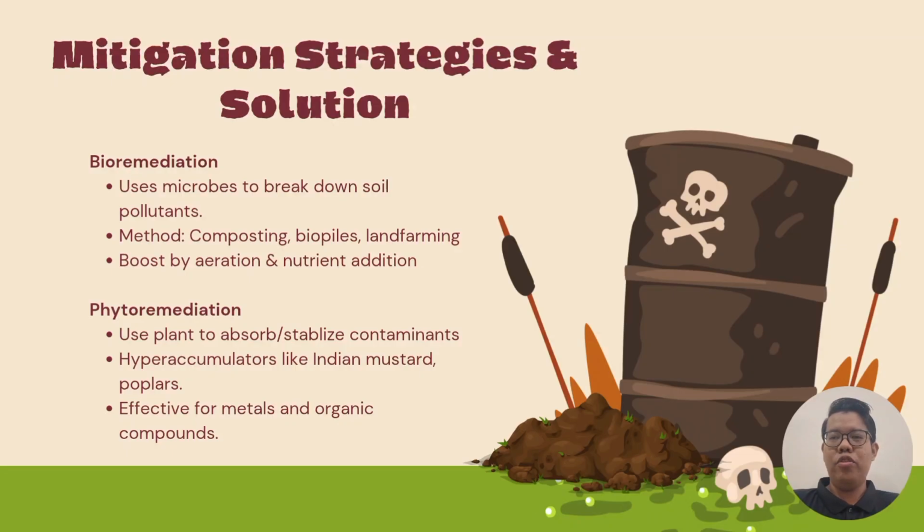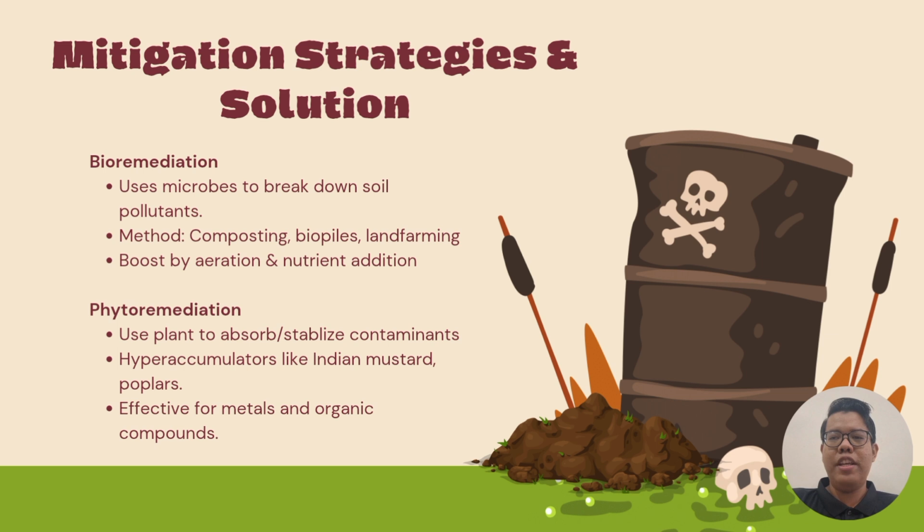To mitigate soil pollution effectively, biological approaches offer promising solutions. Bioremediation uses microorganisms to degrade pollutants. Techniques such as composting, biopiles, and land farming enhance microbial activity by supplying oxygen and nutrients. This accelerates the breakdown of organic contaminants.